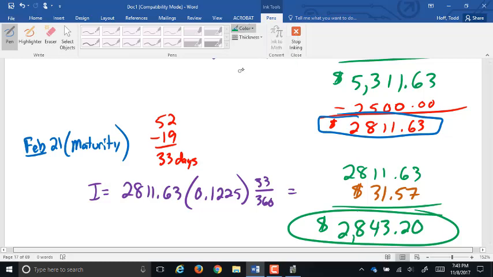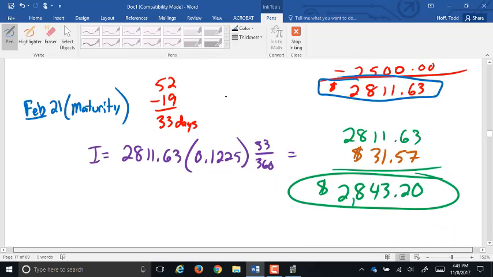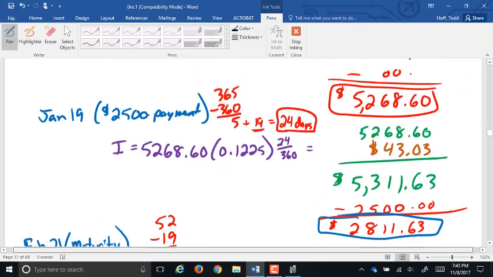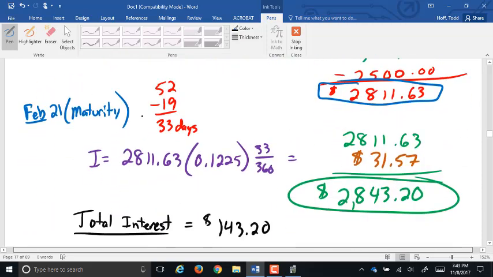Now, I didn't ask you for the total interest. If I were to ask for it, it would have been $143.20. Works for me. That looks about right.